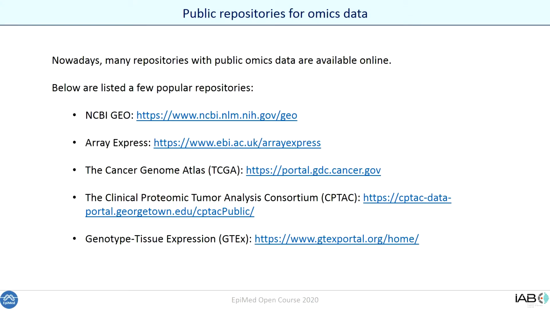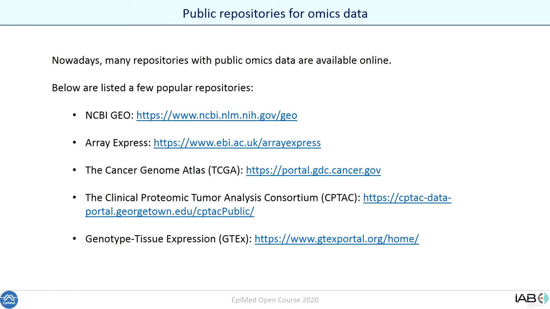Nowadays, we have a huge amount of omics data available online, and below I listed some very popular repositories. Of course, NCBI GEO is probably the top one of omics repositories, which contains different kinds of omics data, for example, in cancer, for normal samples, for different biological experiments.